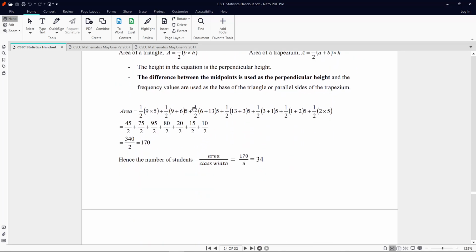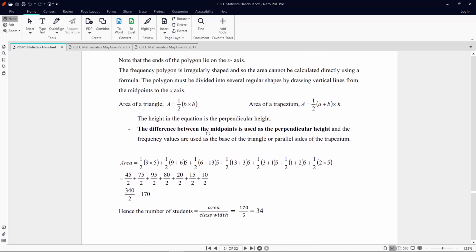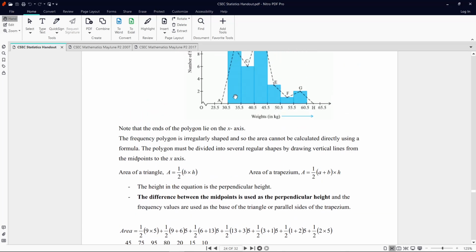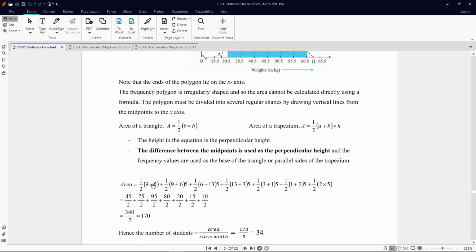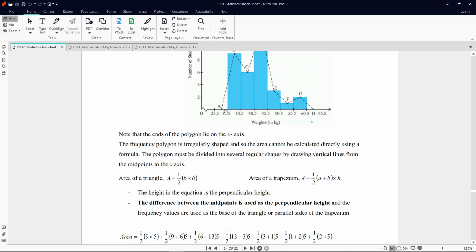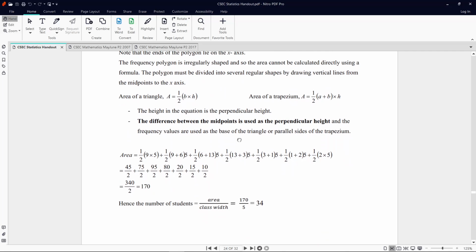So here we can see where they calculated the area. So the area of the triangle here is half times 9 times 5, because 5 is the distance between. So what you notice is that the height doesn't change. It's 5, 5, 5, 5.